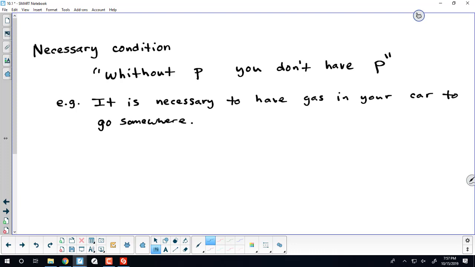It's necessary that you have gasoline in your car to go, but is that a sufficient condition so that you can go? No, just because you have gas in your car doesn't mean it's going to go, right? Multiple issues, batteries, whatever, could interfere. But it's necessary that you do have gas.